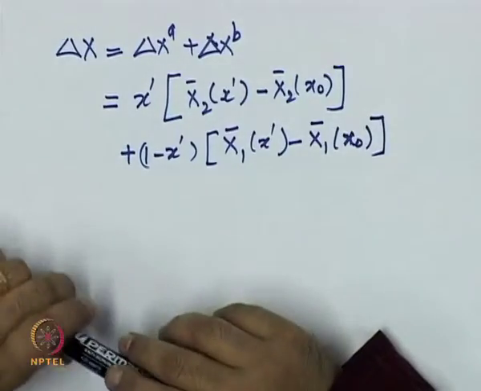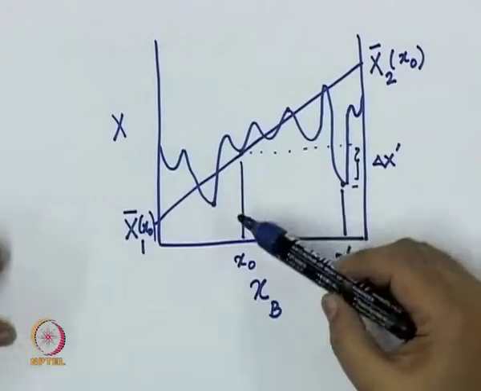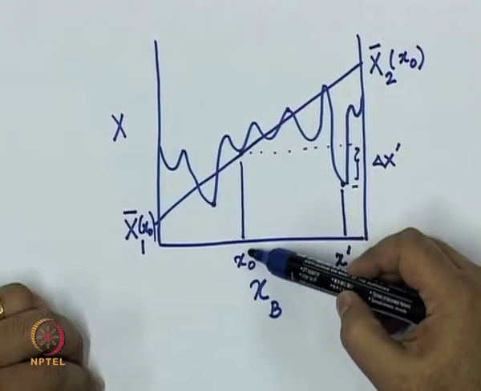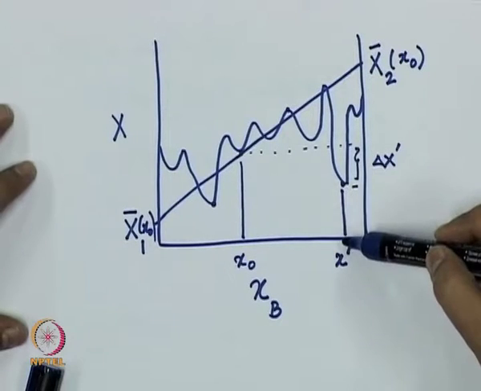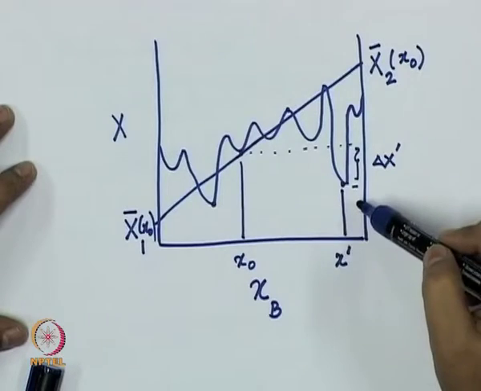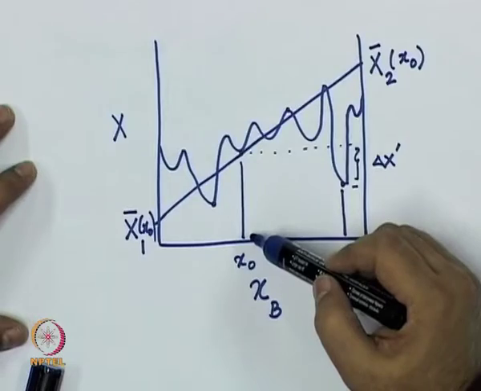Okay. So, again to go back to the initial picture we had. I am trying to take a solution of composition x naught, and I am trying to produce some quantity of material of composition x prime from here. The amount that I am producing is so small that this overall composition remains the same.